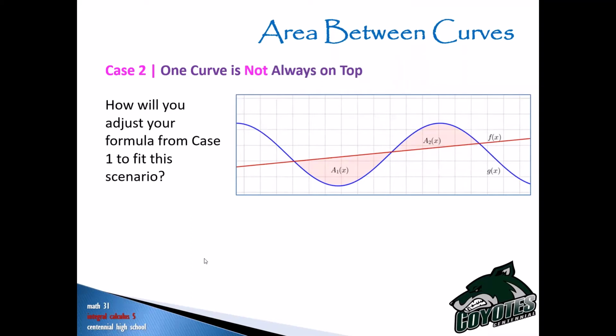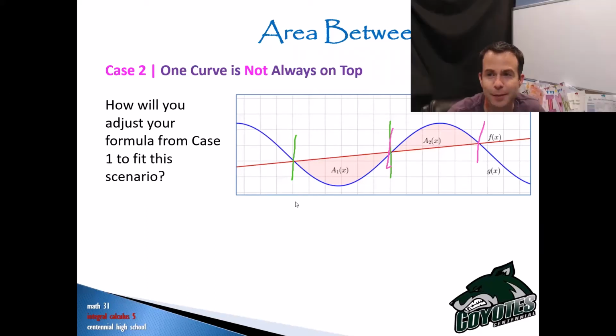If I separate this into from here to here, I'm going to have to go f of x minus g of x because f of x is on top, right? And then if I separate from, I just want to switch colors here for you, from there to there, I'm going to have to go g of x minus f of x because g of x is on top. And then I just add those two things together. Okay, easy peasy lemon squeezy. All is going to be well on this guy.